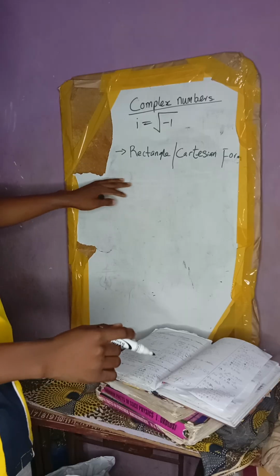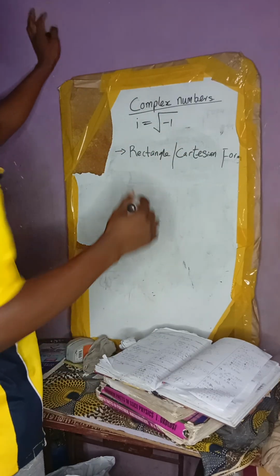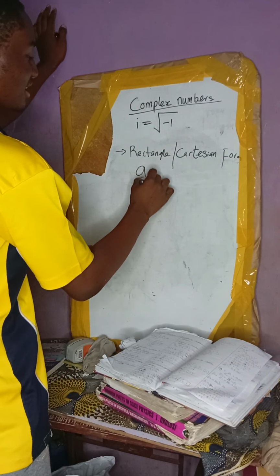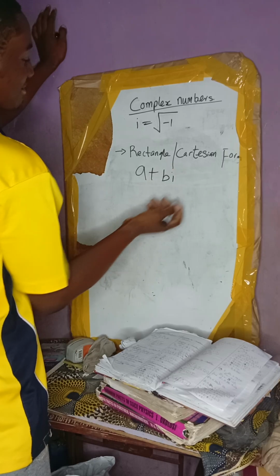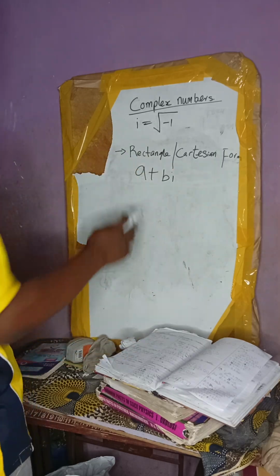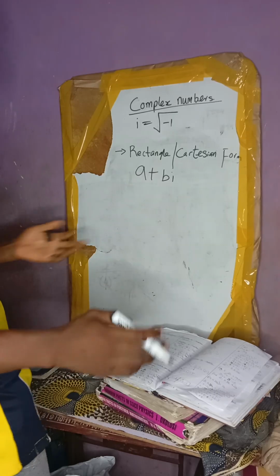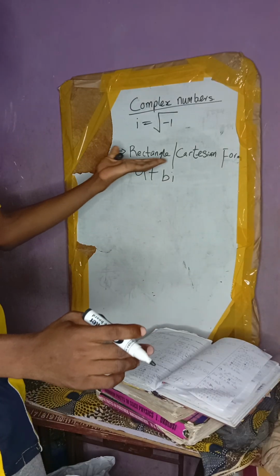So I've been representing a complex number in Cartesian form. That is what we have been doing, a plus bi. So everything I've been doing here, we have been having a plus bi. So that's what we call rectangular form.